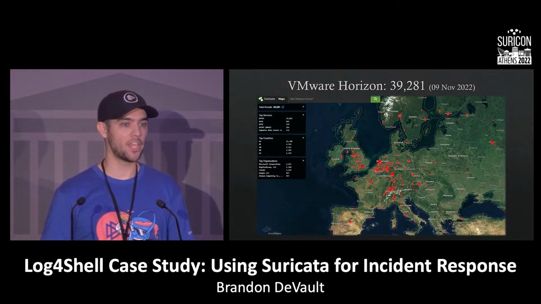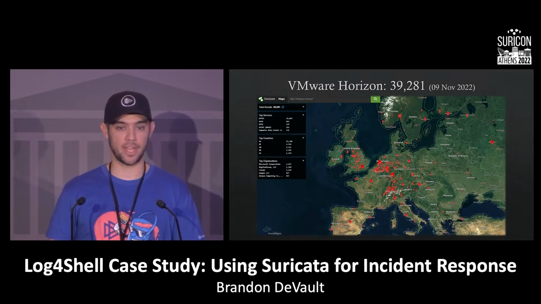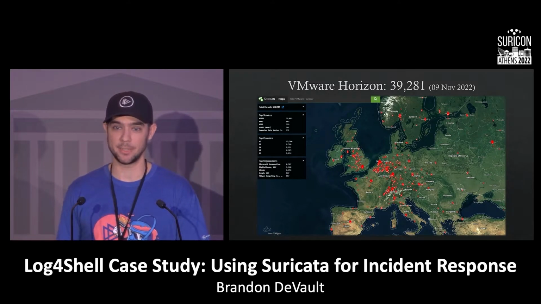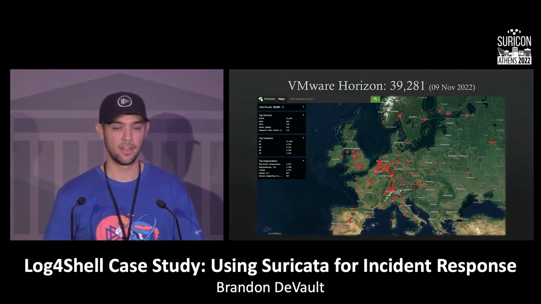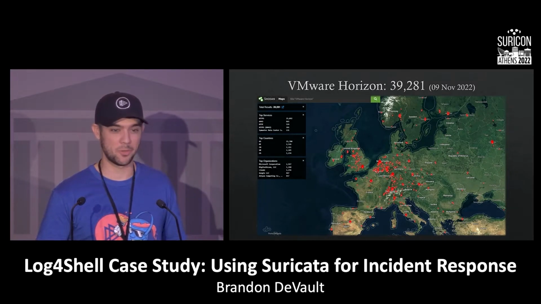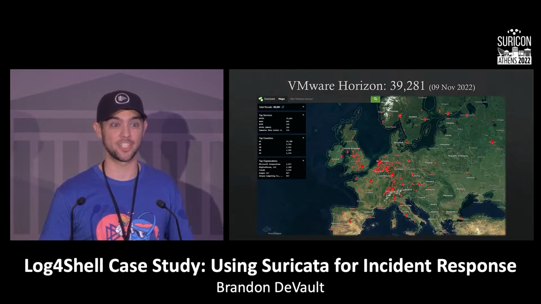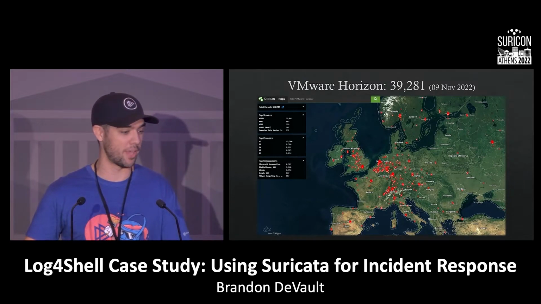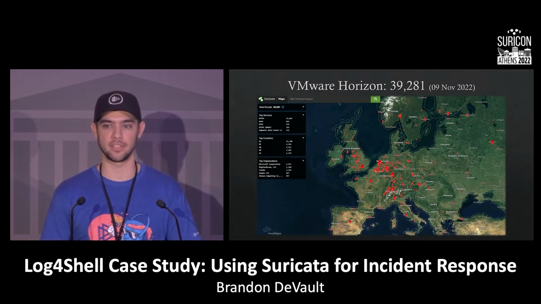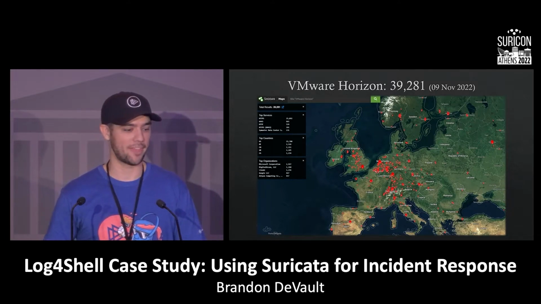I'm not sure why you would ever need to make your Horizon server worldwide accessible, but here we are. Back in September, there were only about 30,000, so we're increasing the number by quite a bit. This is all analysis done on Shodan, so you can back check my math if you want, but a lot.